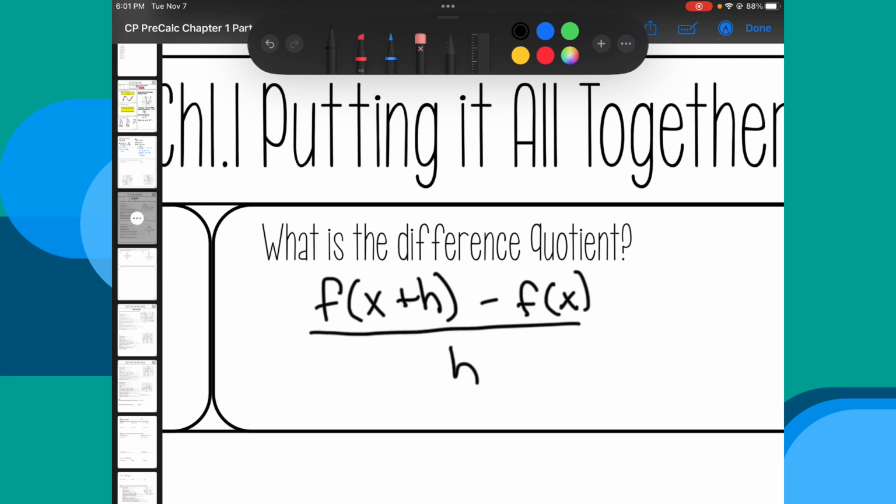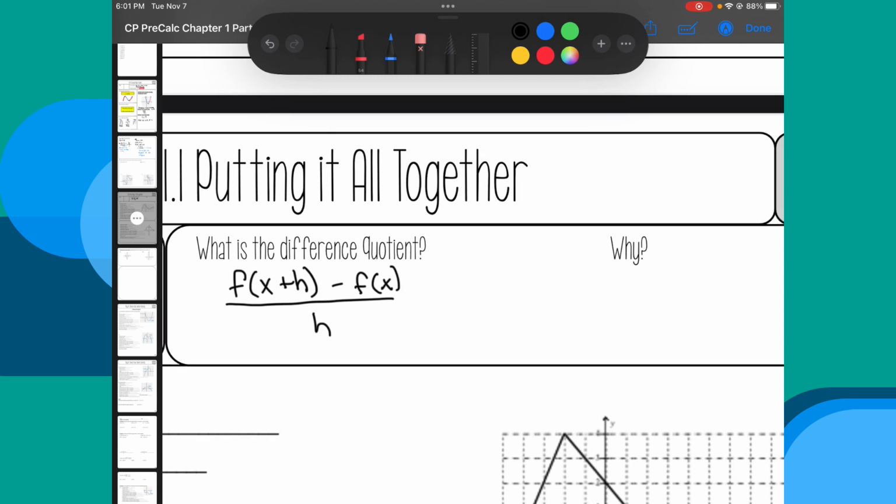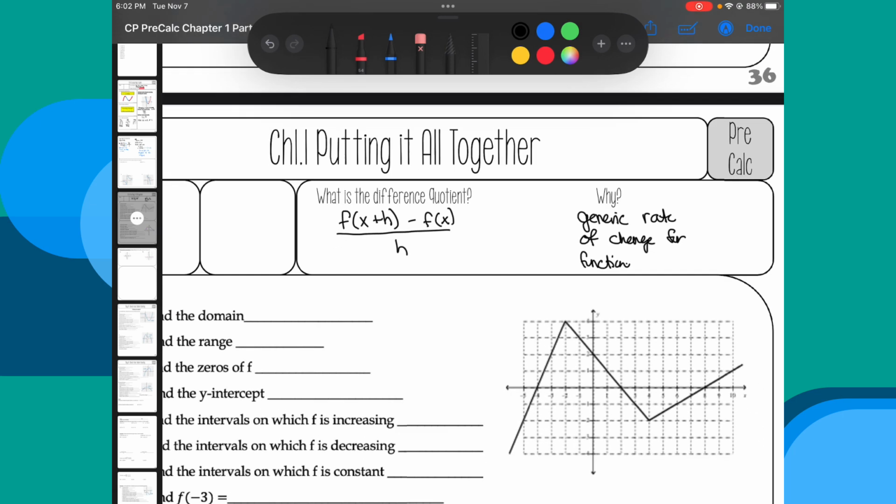And do you remember why we have the difference quotient? It's like the generic rate of change, average rate of change for a curve. For a curved function. Okay.